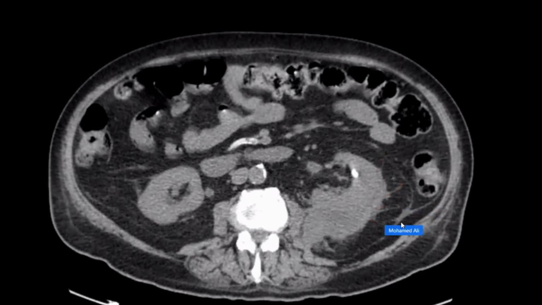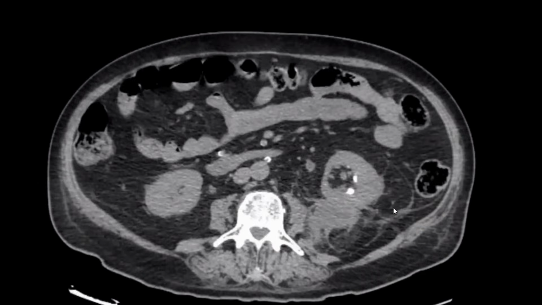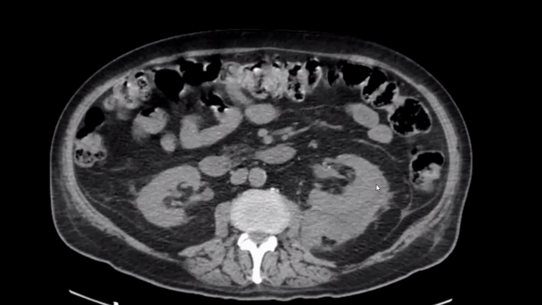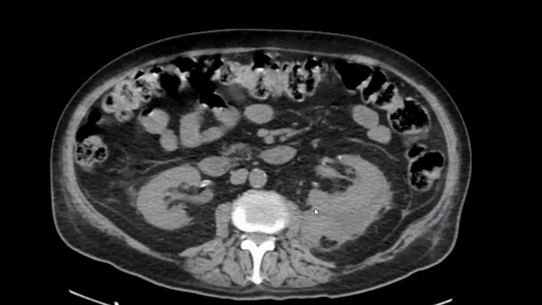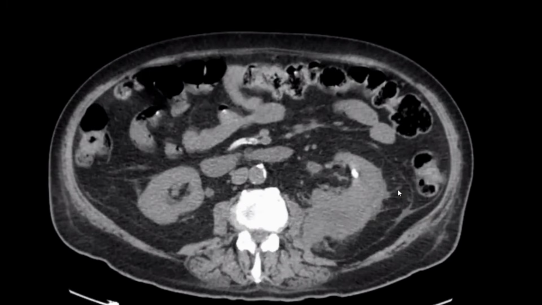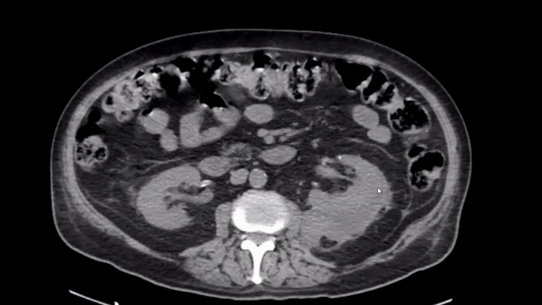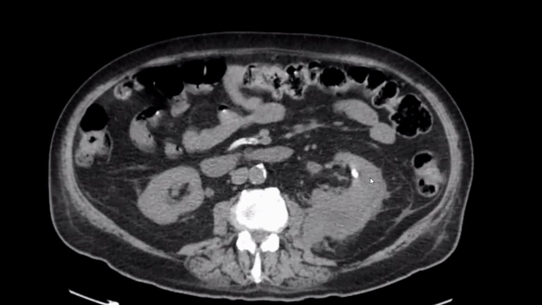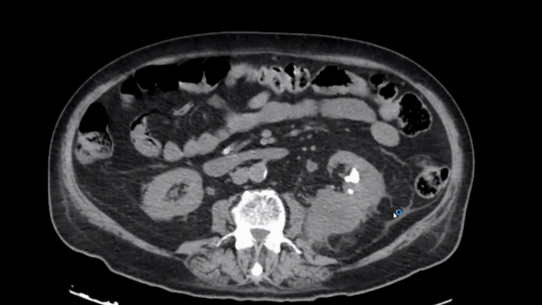These are considered channels that start to decompress the perinephric collection to be drained outside and relieve compression upon the kidney. So once we have these channels, these are bridging septa.